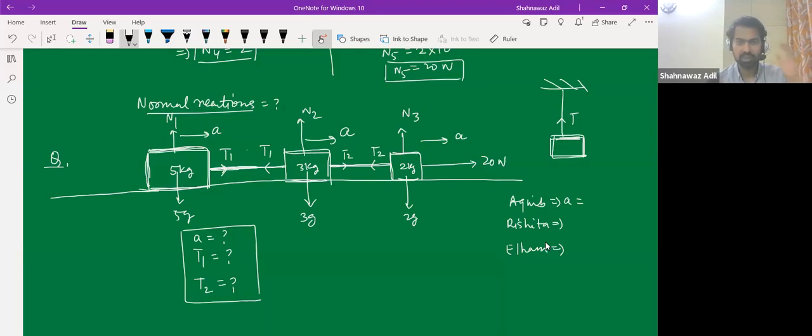Yes, anyone got the answer? No, sir. Okay, so what is the A that you guys are getting? Sir, I got 2 meter per second square. 2 meter per second square. Good. Rishita and Aram, what do you guys get? Sir, I got 10 meter per second. 10.